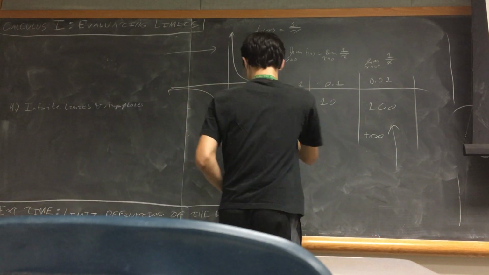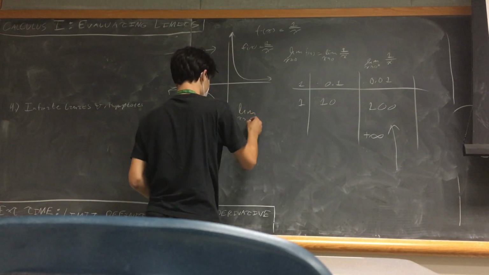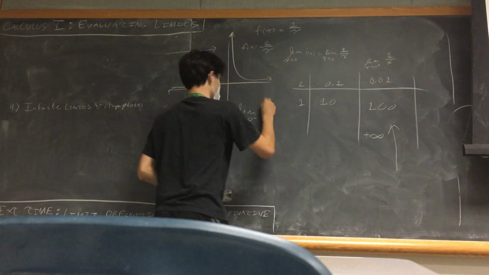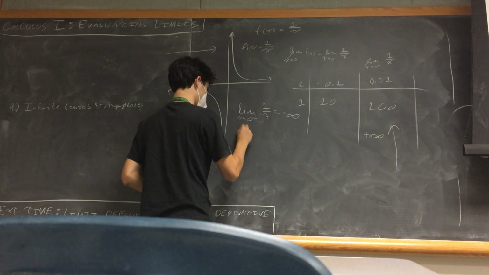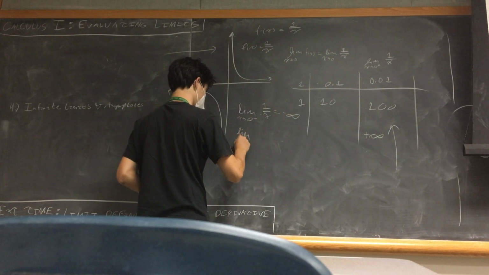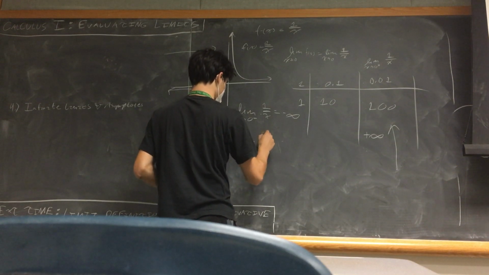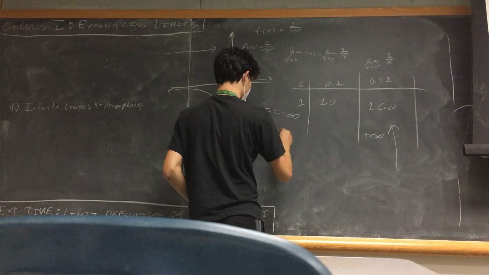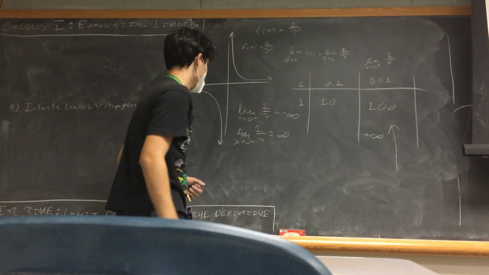So we can say for this, the limit as x approaches 0 from the left of 1 over x is equal to negative infinity. The limit as x approaches 0 from the right of 1 over x is equal to positive infinity.